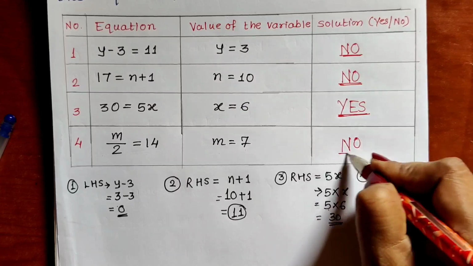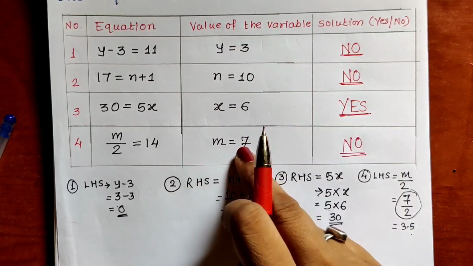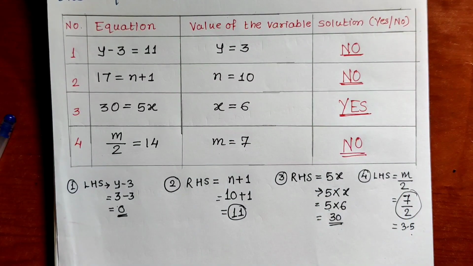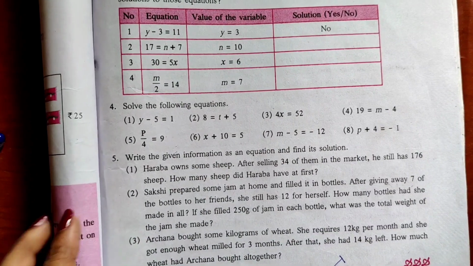So in this way you have to solve. You should check whether the value given for the variable is the correct value or not, and then you can write solution is no or yes. So in this way complete question number 3. Question number 4 is solve the following equations.